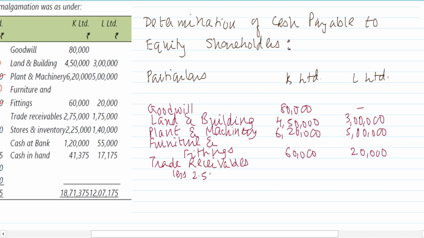We will reduce it by 2.5% as demanded by the question. They've written stores and inventory. I'm writing simply inventory. Inventory is to be reduced by 2%.